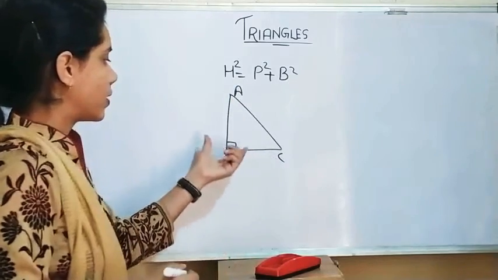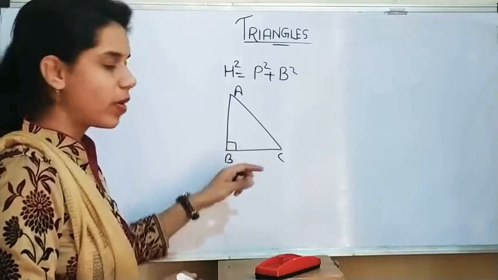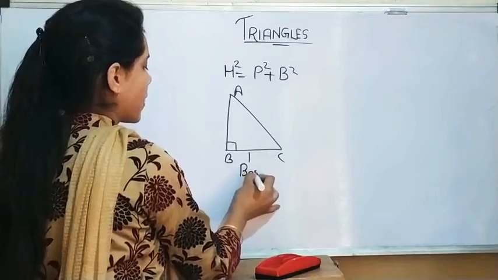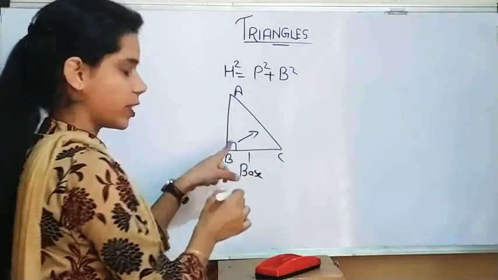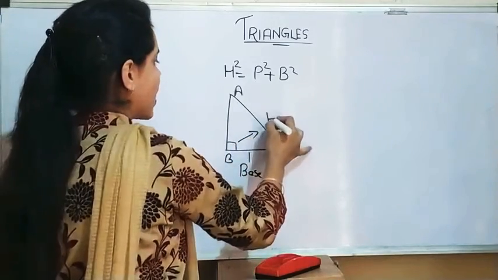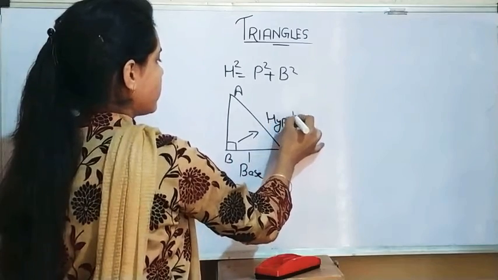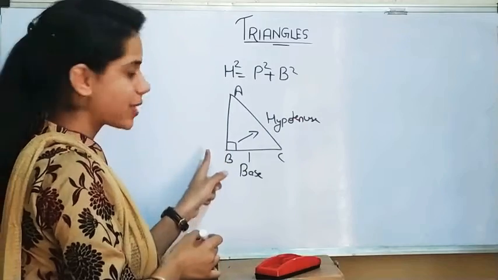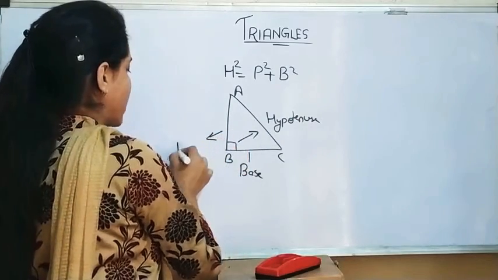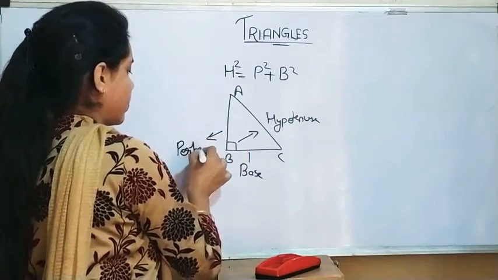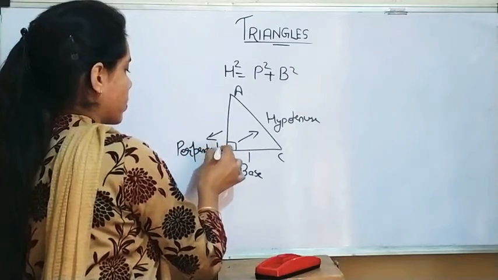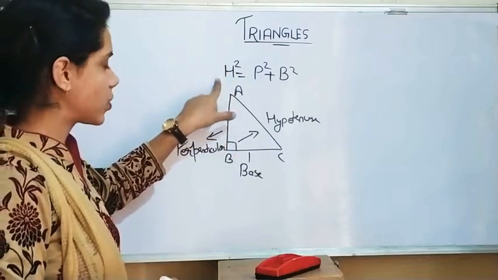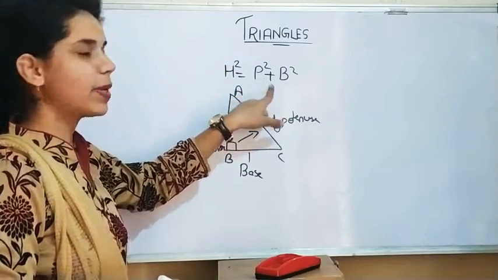The line segment on which the angle is made is known as the base. The side opposite to this right angle is known as the hypotenuse. The other line segment which makes the right angle is known as the perpendicular. So, in any right angle triangle, H squared equals P squared plus B squared.